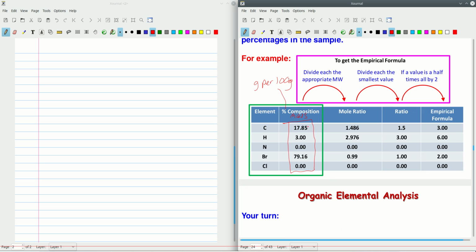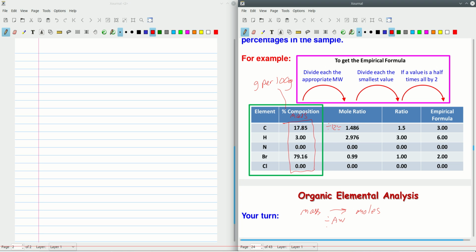In chemistry, if we want to convert mass to moles, we divide by the atomic weight. So for instance carbon would be 17.85 divided by 12 equals 1.486.